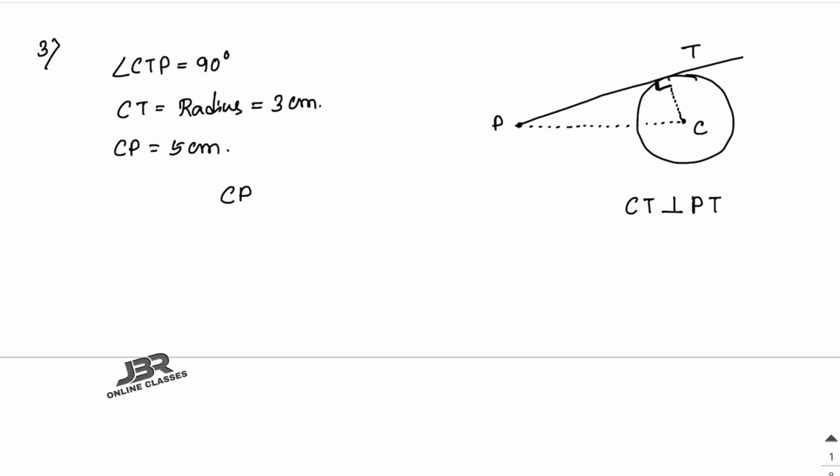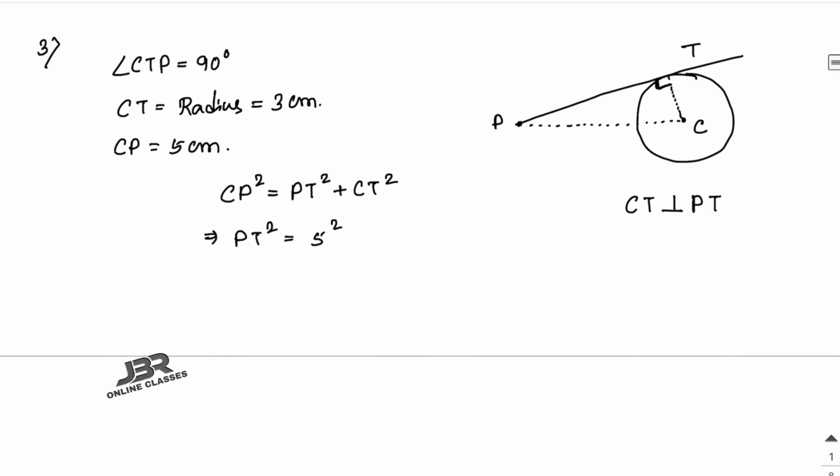So you can write down here CP square is equal to PT square plus CT square. Okay, so that means here PT square equal to CP square, CP square means here 5 square, and minus CT square, that means here 3 square. So 25 minus 9, that one equal to 16. So that means here PT equal to root 16, and that is 4 centimeter as your answer.